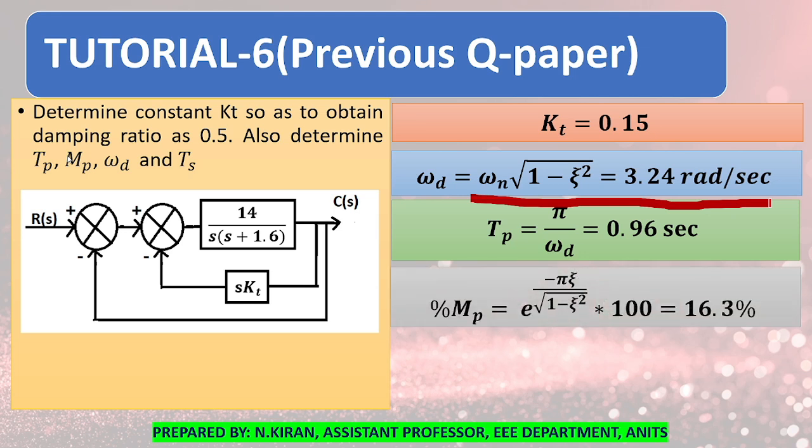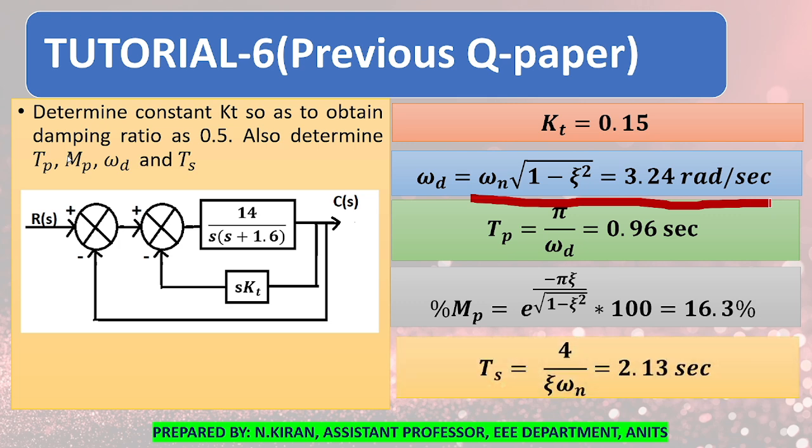Next, percentage MP, e power minus pi zeta by root over 1 minus zeta square into 100. Just substituting the value of zeta will give me the percentage as 16.3%. And settling time 4 by zeta omega n. Upon substitution, that will lead me the value to 2.13 seconds.